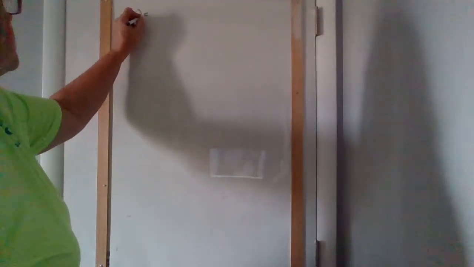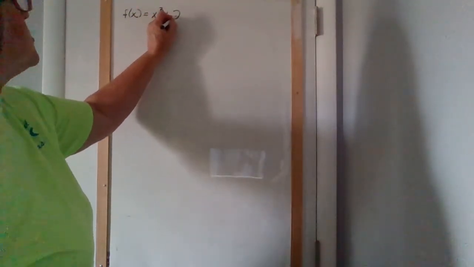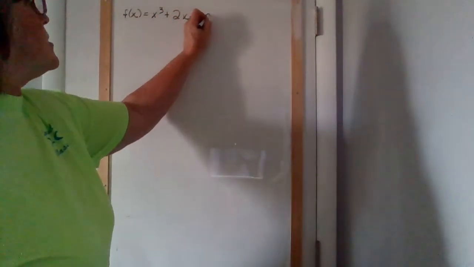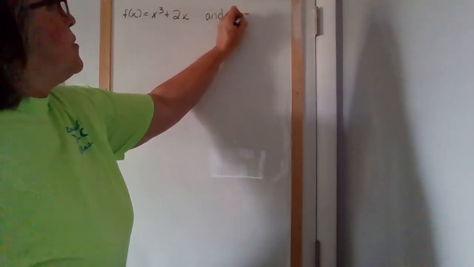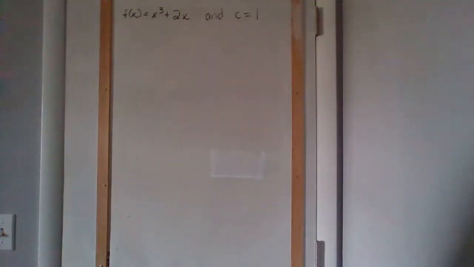So this is at the top of your next page, and you're asked to find the derivative at x equals c for f of x equals x to the third plus 2x, and you're given a c value of 1. So notice that you're really given even less information than an ordered pair. All that you have is the x value of 1.